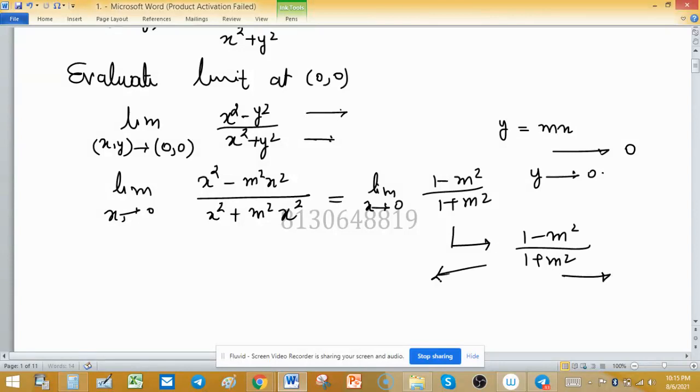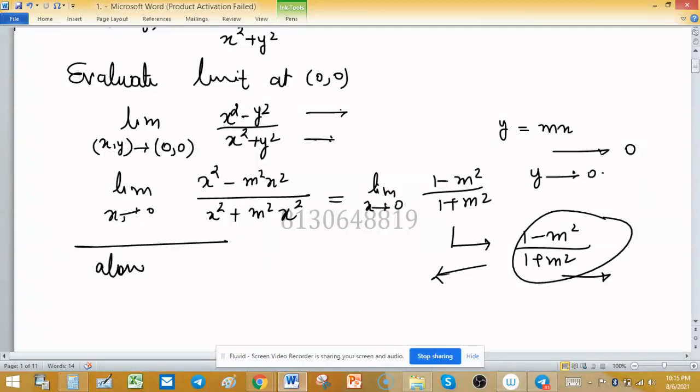For different values of m, we will get different values of this expression. So the limit of this function at the point (0,0) doesn't exist. This is a good way of showing the limit of this function does not exist.